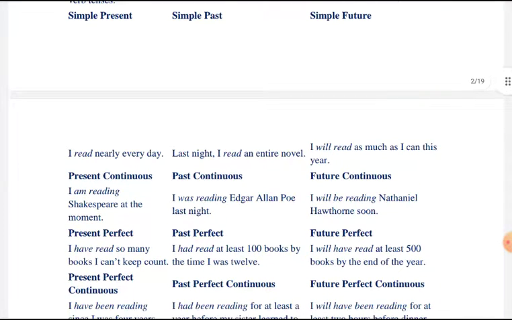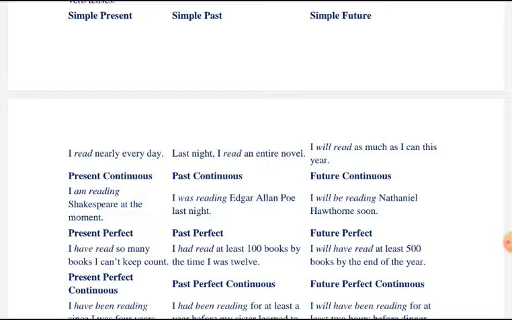Simple tense is divided into three types: simple present, simple past, and simple future. Okay, I'll explain once more. The tense is divided into three types: past tense, present tense, and future tense. The past tense is divided into simple past, past continuous, past perfect, and past perfect continuous.